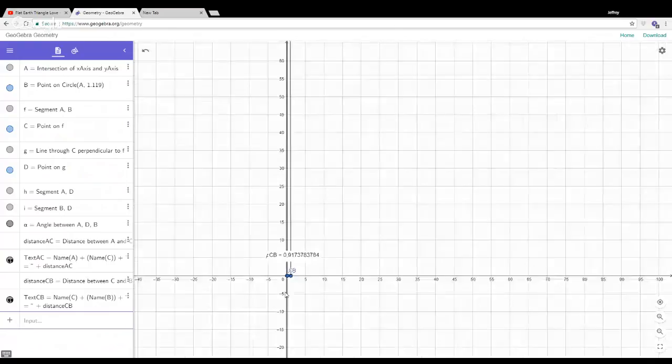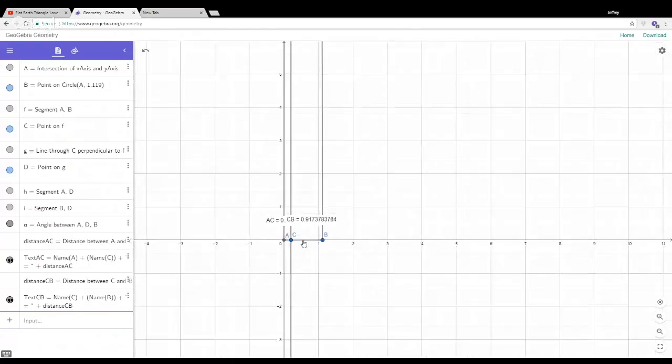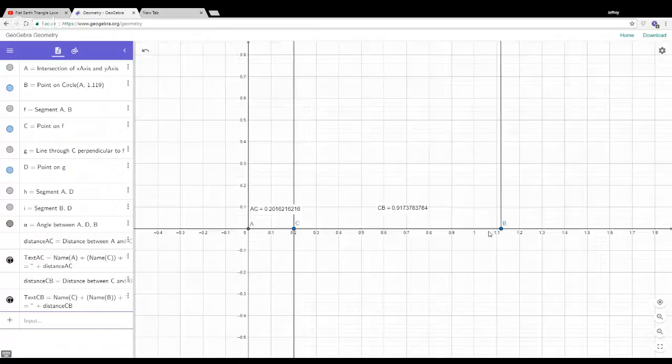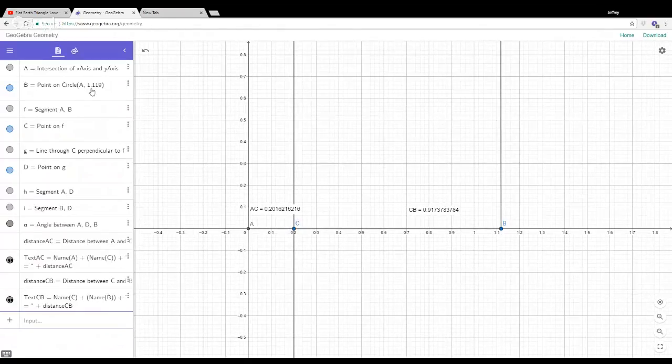And then I have a line drawn on the baseline here on the x-axis. We have 2 points, A and B. These will be Astronomy Live and Red's Rhetoric. We know the distance between these 2 points is 1.119, so that's 1.119 kilometers or 1,119 meters.